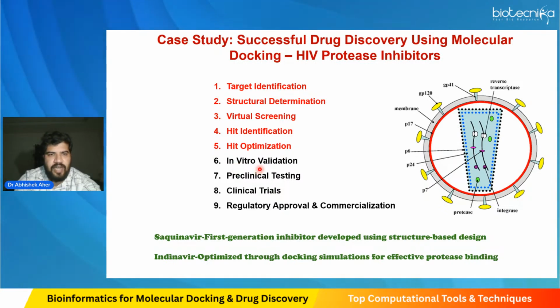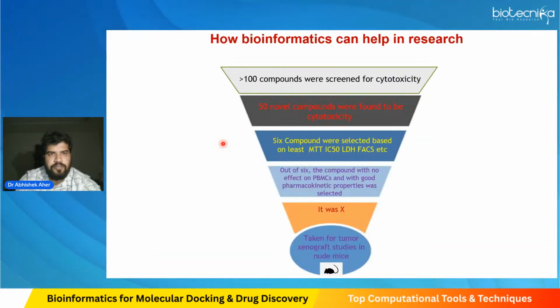It then went for preclinical testing, clinical trials, regulatory approval and commercialization, which is the important step, the final approval of the drug. So saquinavir is the first generation inhibitor developed using structure-based drug designing, and indinavir was also optimized through docking simulation for effective protease binding.